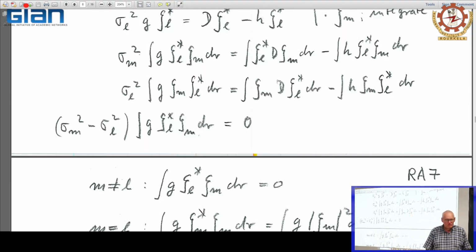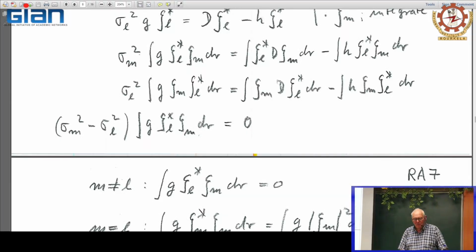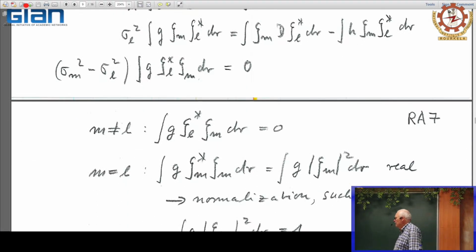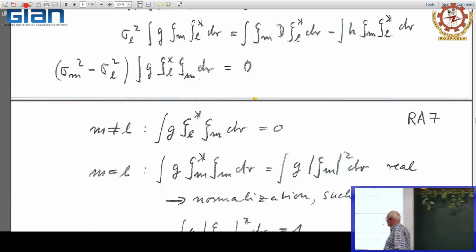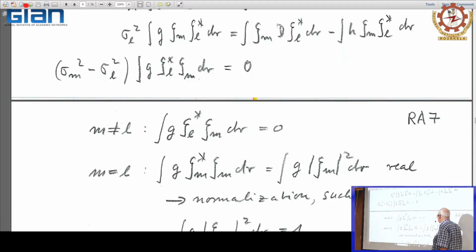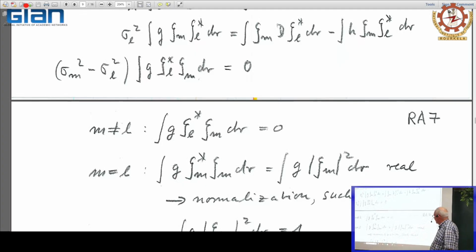If m is equal to l, of course, then we have the following integral: the integral over g times zeta m star times zeta m, which is the modulus of zeta m squared.